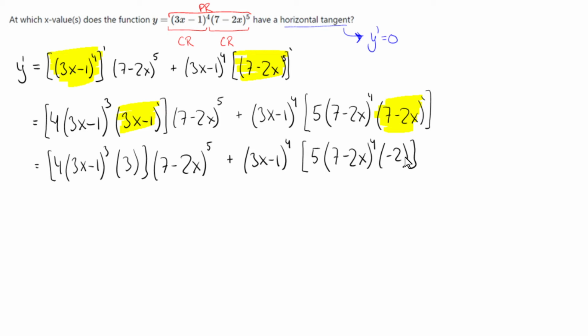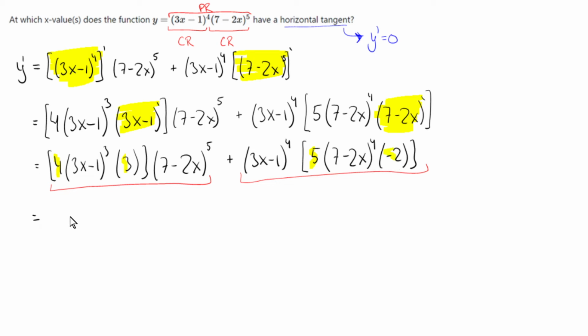And now if we take a look at this, we essentially have two terms. We have this entire term here plus this entire term here. Each term is a product of several factors. We're going to clean this up a little bit now. We're going to drop those square brackets. We're going to multiply those binomials together and rearrange it a little bit.